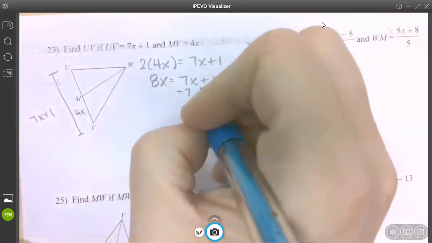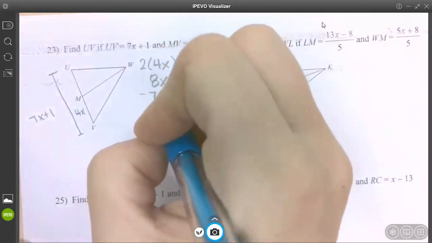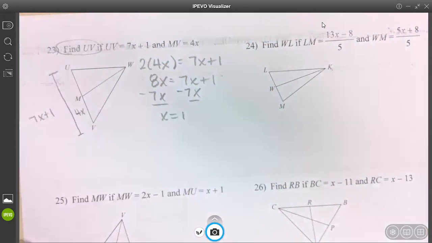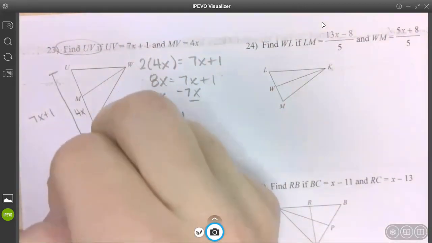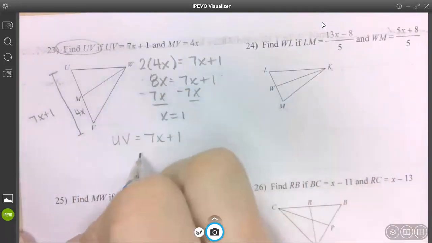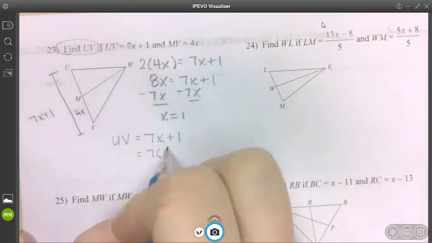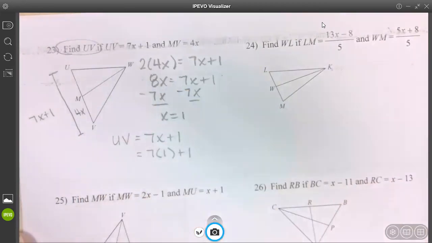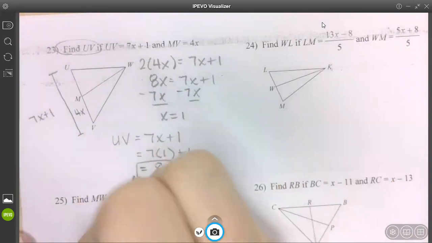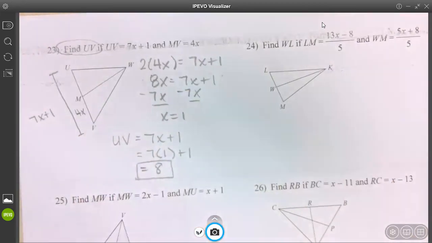We're going to subtract 7x. And we do get that x equals 1, but what did it ask us to find? It wanted UV. It said UV is 7x plus 1. Our x was 1. 7 times 1 is 7, plus 1 is 8.